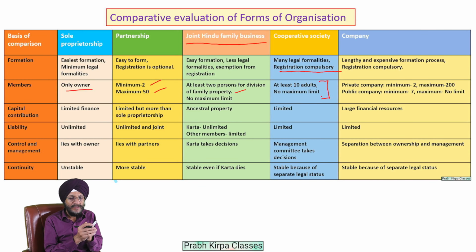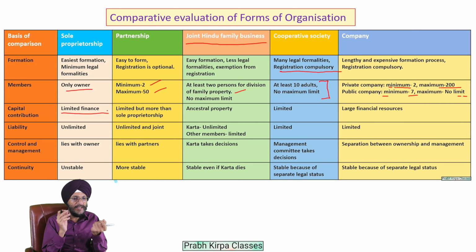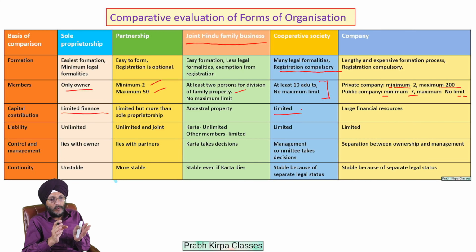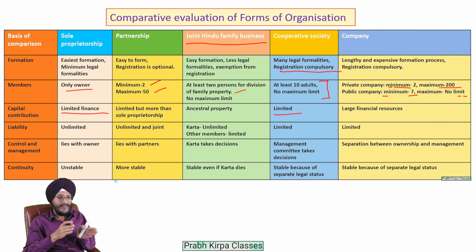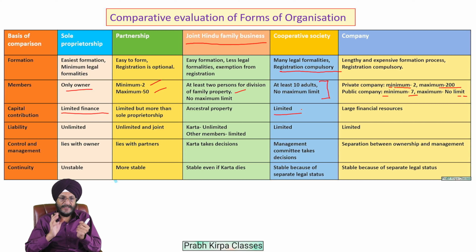Capital contribution. In the case of sole proprietor, all the capital is managed by the sole proprietor, so the availability of capital is limited. In the case of partnership, the availability of capital is somewhat more than the sole proprietor. Joint Hindu family business has ancestral property. In the case of cooperative society, the members who have limited means come together and form the cooperative society, so the capital at its disposal is limited.